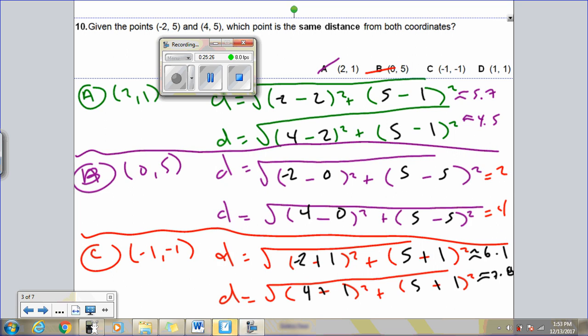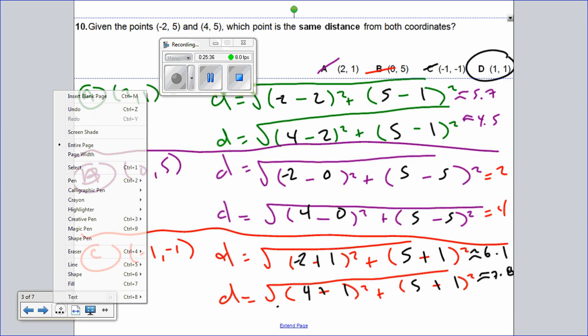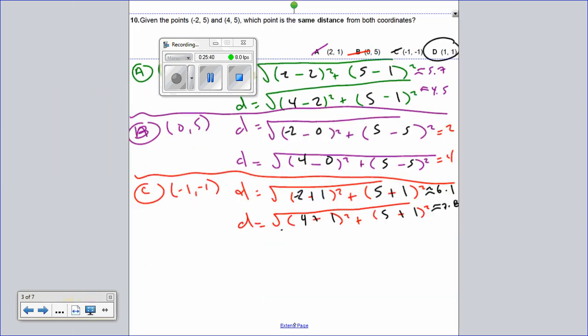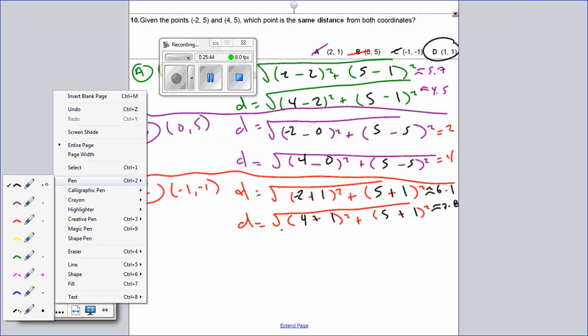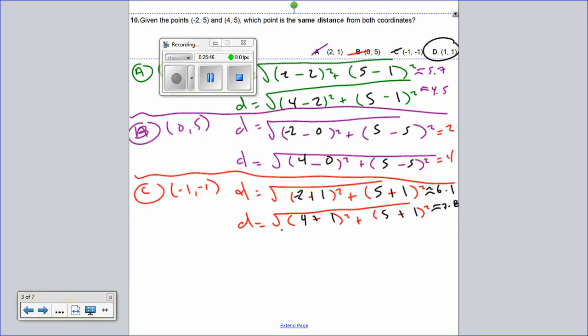So obviously it's not C, which means it's probably D, but let's just see why. Extend my page. D is 1, 1.